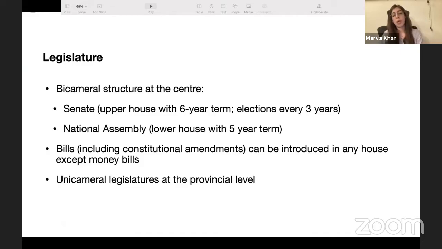When we're talking about budgeting, we're talking about money bills. Money bills can only originate in and be passed by the National Assembly because it's directly elected. But for the rest, whether it's a constitutional amendment bill, a regular statute being amended, or a new bill being introduced, all of those can essentially originate in either house.